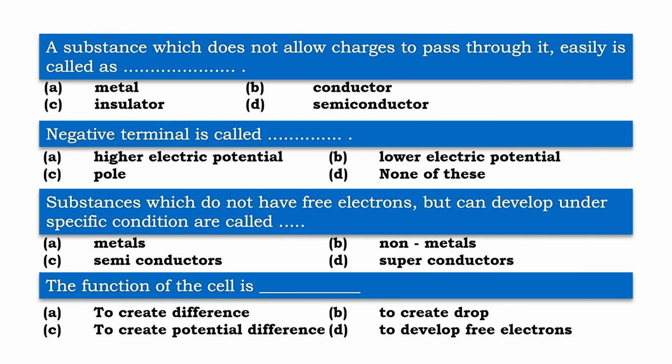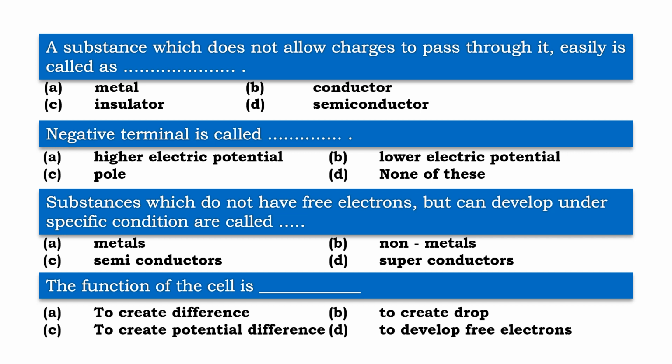A substance which does not allow charges to pass through it is usually called a: metal, conductor, insulator, or semiconductor. Negative terminal is called: A, higher electric potential; B, lower electric potential; C, pole; D, none of these.